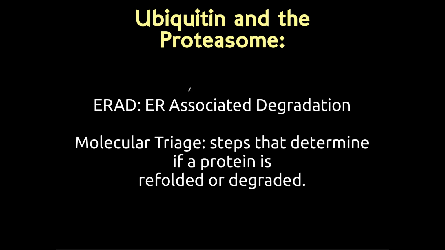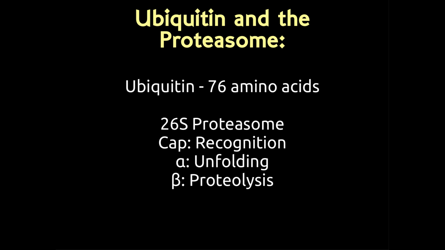One version of this is known as ERAD, or endoplasmic reticulum associated degradation. One of the steps in this process is known as molecular triage, which are steps to determine if a protein needs to be refolded or if it needs to be just degraded.